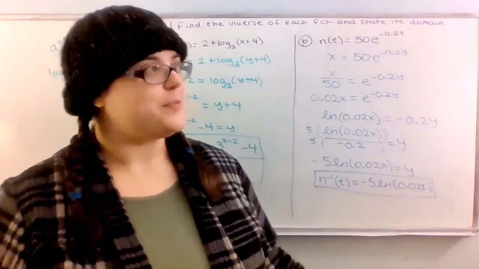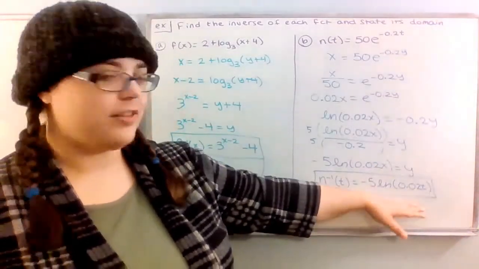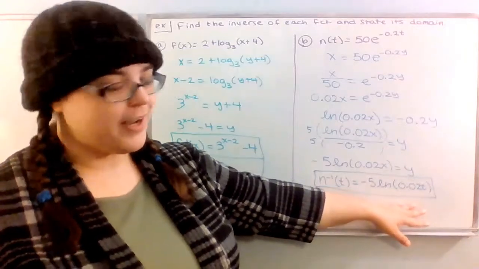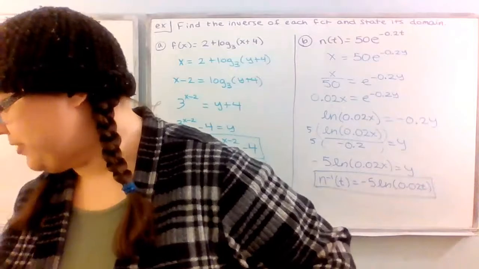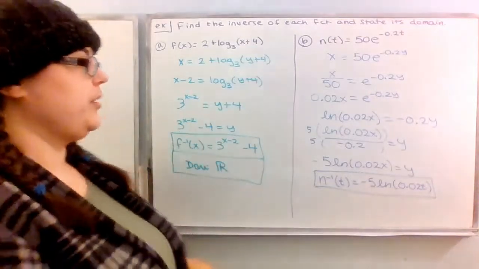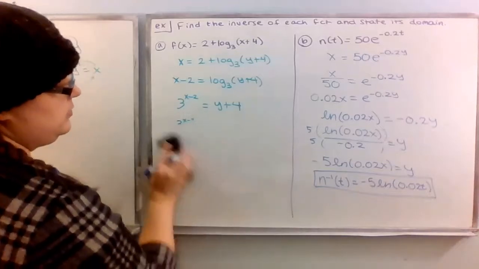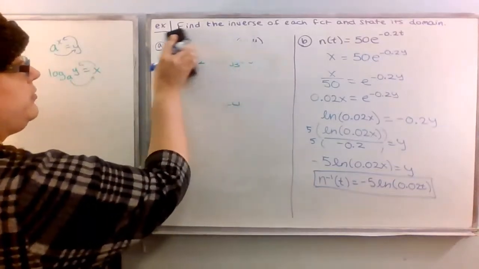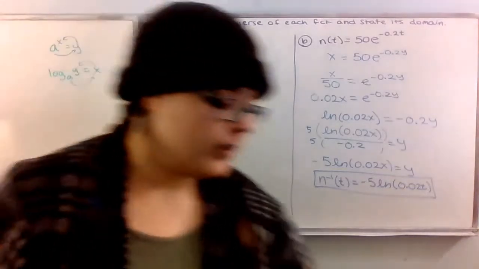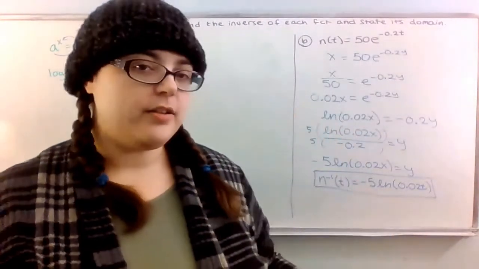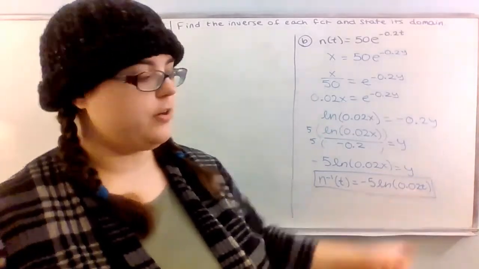Now we're not done yet because we do need to find the domain, and because our inverse is a logarithmic function, we do have to do a bit of work to find the domain here. So remember, when you're finding the domain of a logarithmic function, you're going to take the argument and make it greater than 0.